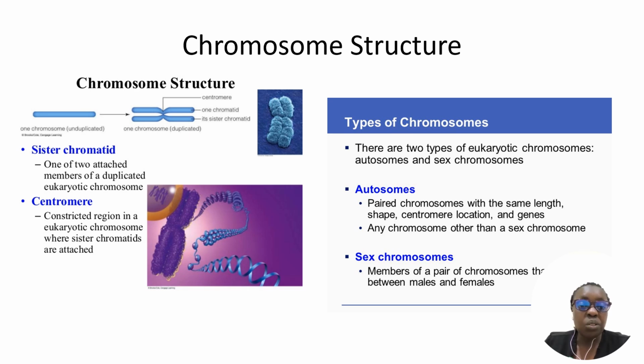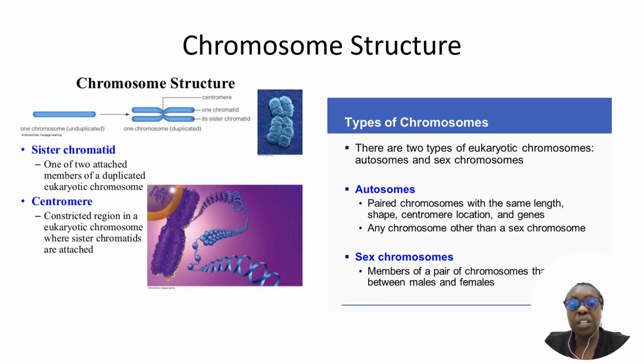Further on, each chromosome structure, if we look at it, the two chromosomes have a center part where they meet, which is referred to as a centromere. And each chromosome is referred to as a chromatid. So a chromatid is one of the attached chromosomes. And they have a central constricted area, which we refer to as the centromere, where they join.